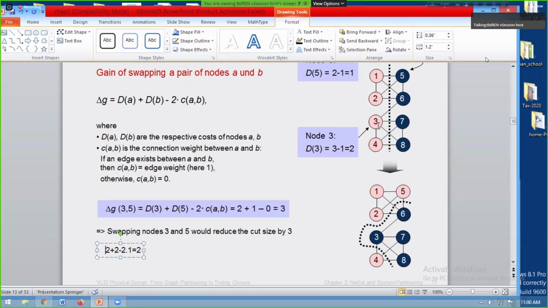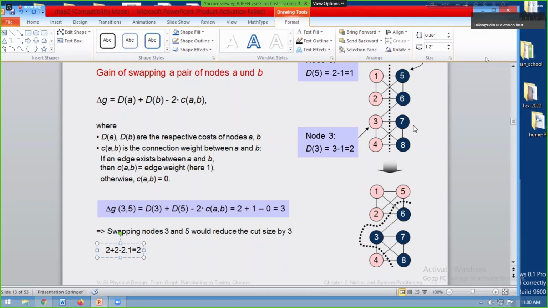But because of the connection between 3 and 6, the gain is actually reducing by this amount, right? Let's write it here: gain for 3, 6 equal to 2. You see, so that is the problem, right?